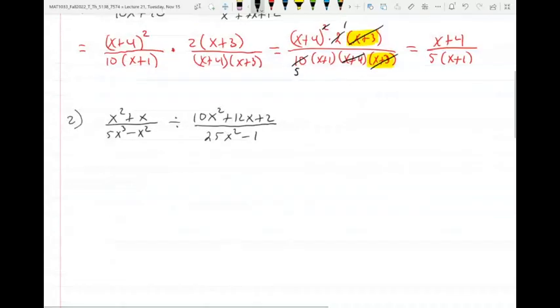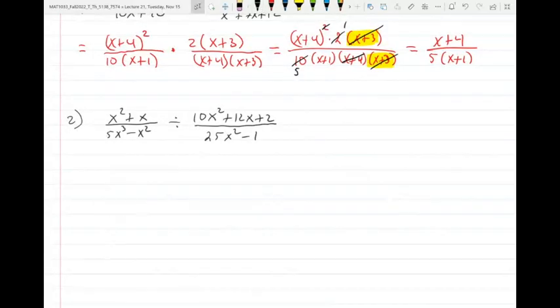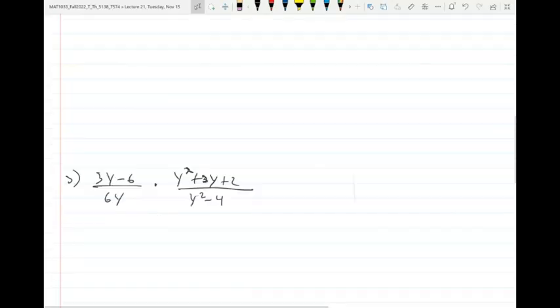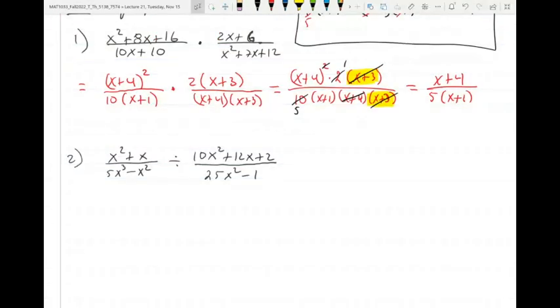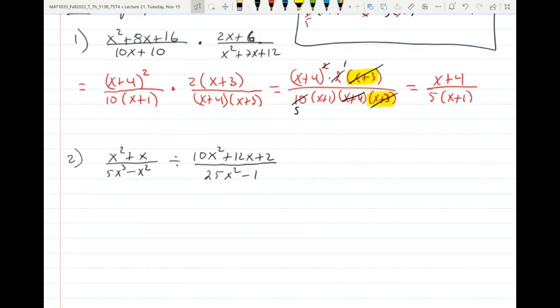All right, and then let me do this division, and then there are some for you to try. Okay, so let's do this one. For multiplication, step number 1, factor everything. If you want, you can also factor everything here, but then you could forget that this division has to be turned into a product.